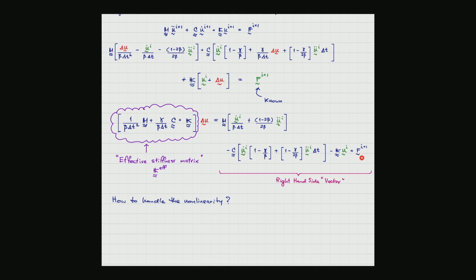So everything is known, and what you end up with is just a vector. This is a vector of force at step i plus 1. This is a vector of force as well, k times u, and c times the terms here and there.